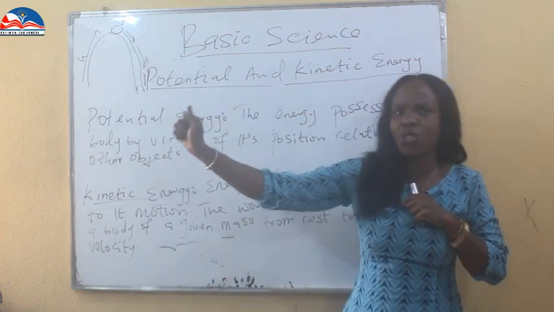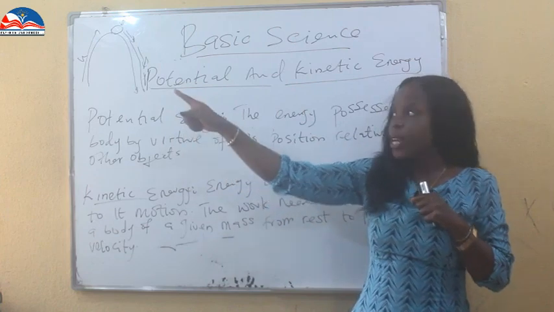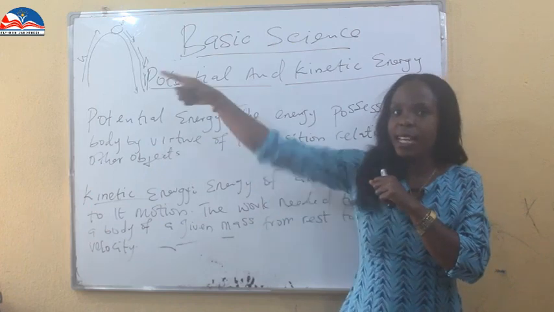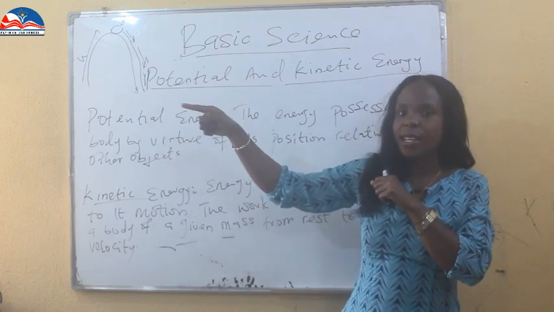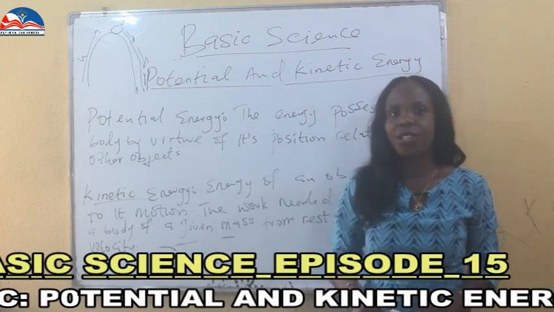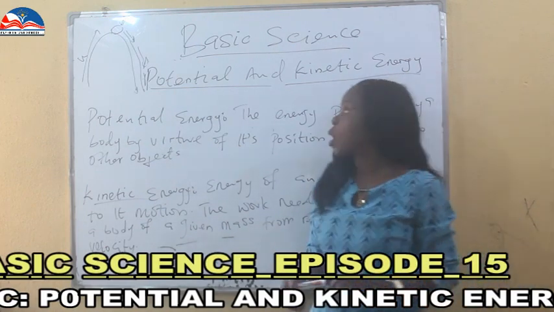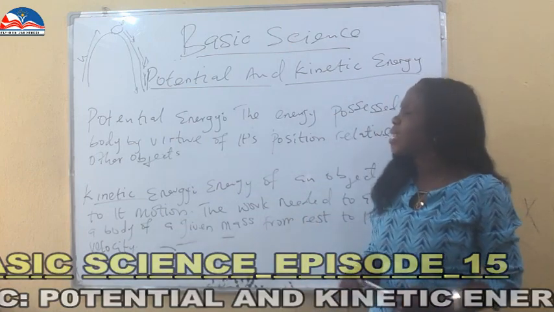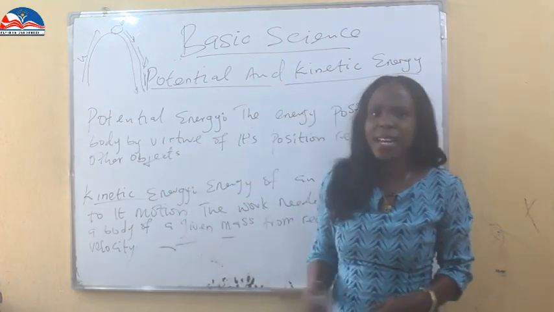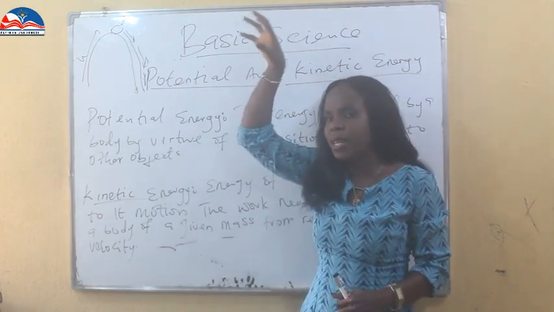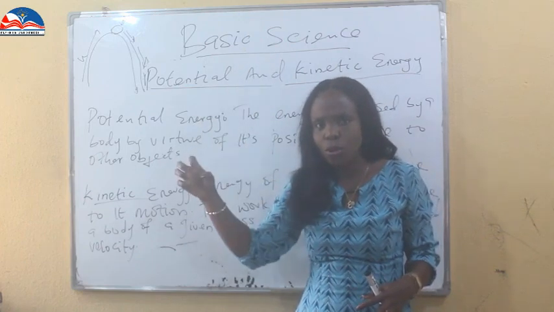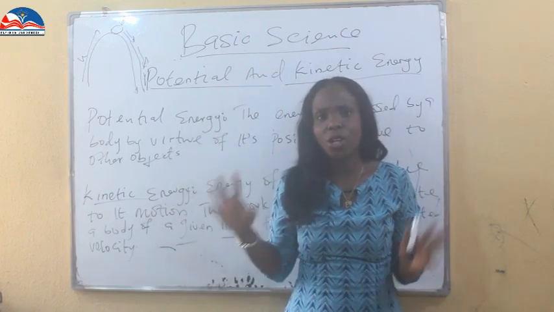A catapult that I stretch to hit a target, the distance where it moves with speed is what? Kinetic energy. So we've talked about kinetic energy. That means potential energy has to be there before kinetic energy happens, because the object will be there and the push will be there for it to accelerate or have motion in order for kinetic energy to occur.